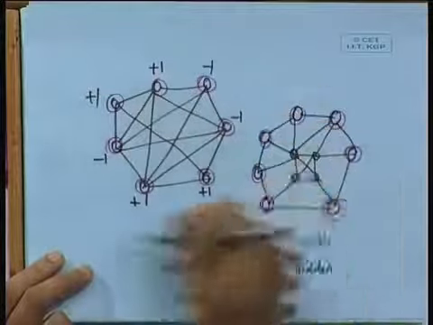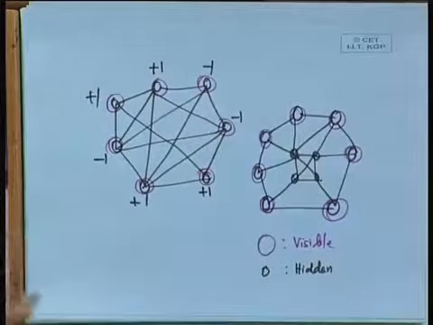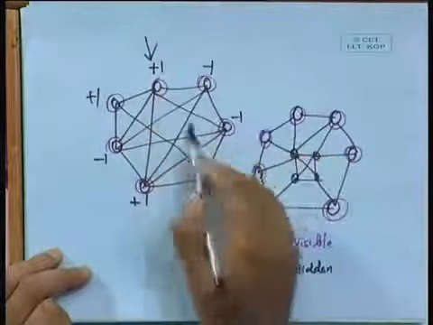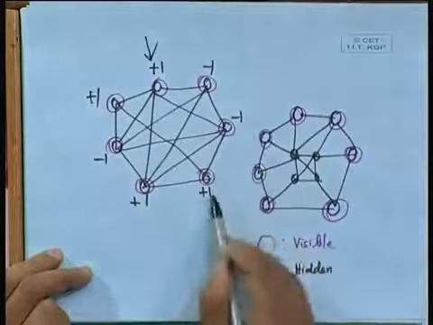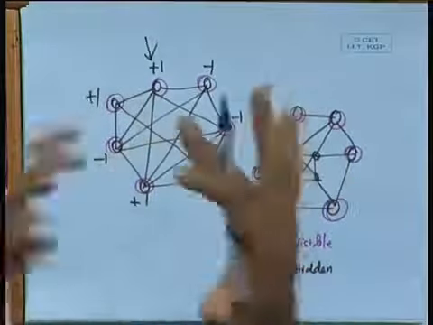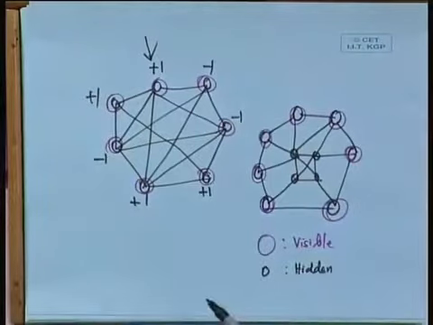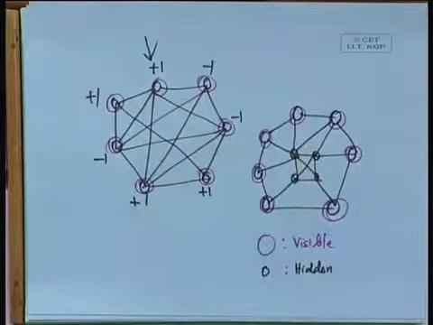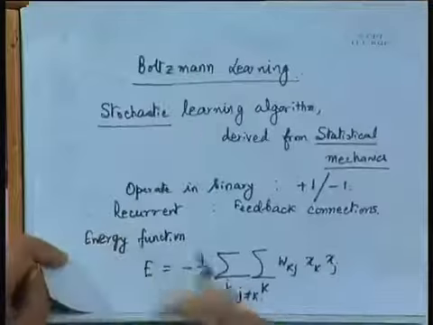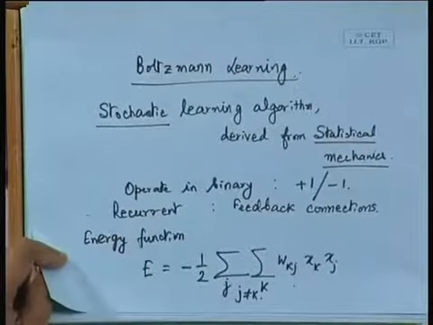So, this is a state of the neurons that we can describe. Suppose we begin with this. So, +1, -1, -1, +1, +1, -1, +1, if I form it into a vector, that will define the state. So, for this state of the neurons, we will have some energy function, right.